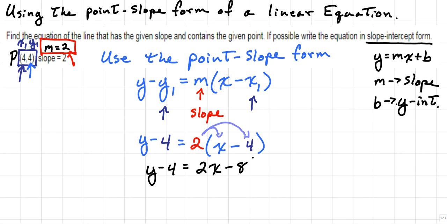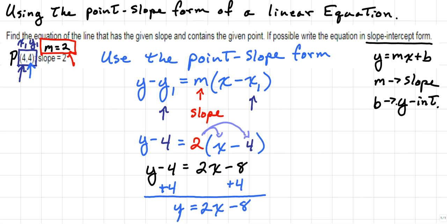And then, in order to solve for y, we will simply add 4 to both sides, making sure that we line that up with like terms, yielding y is equal to 2x minus 4.